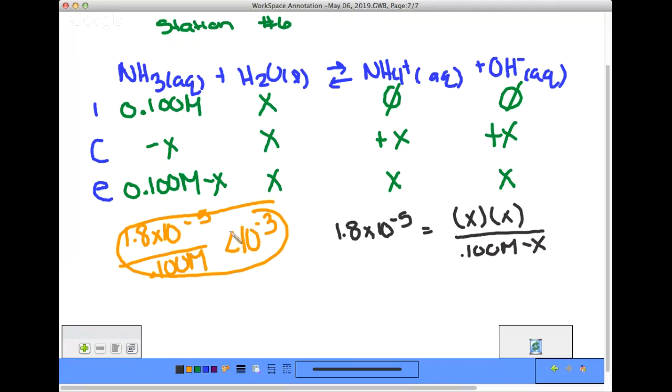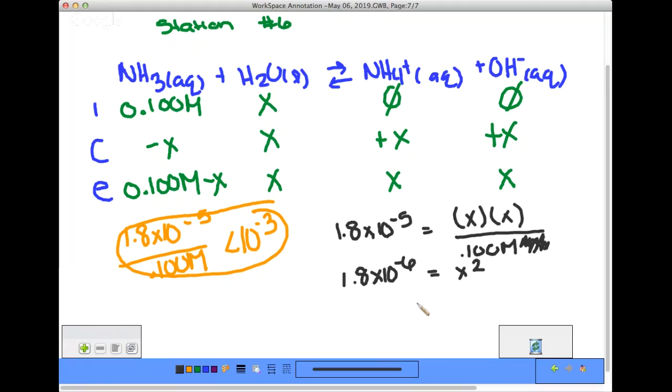Because this is less than 10 to the negative 3, we can cancel out this x, which is actually going to save us a little bit of work. It's not a huge amount of work in this problem, but it saves us from having to do a quadratic. So if we start to solve this, we multiply this over. So this ends up being 1.8 times 10 to the negative 6, and this is going to equal x squared.